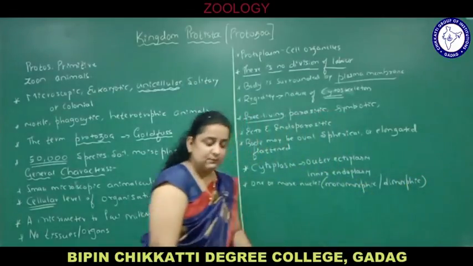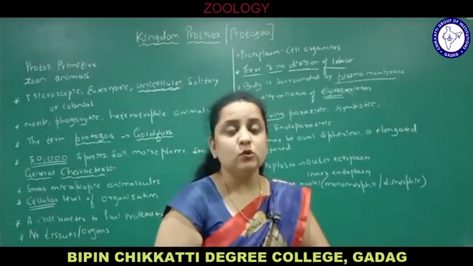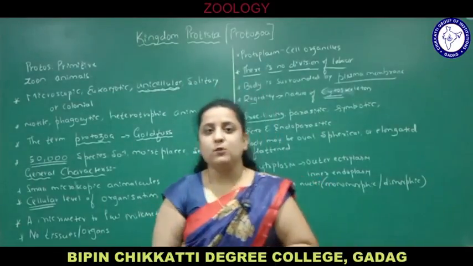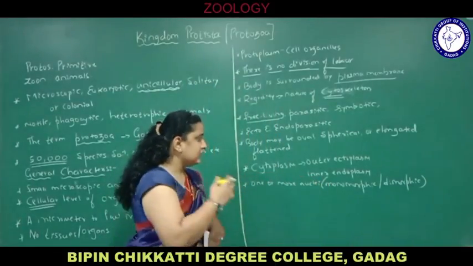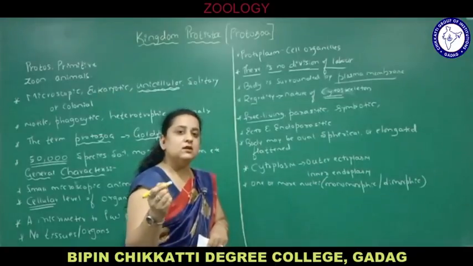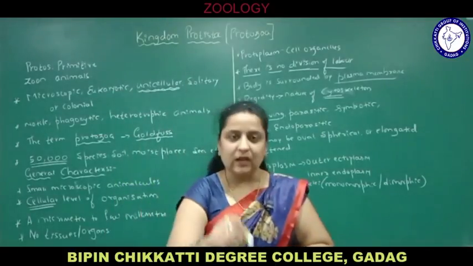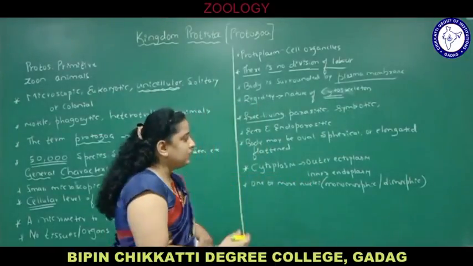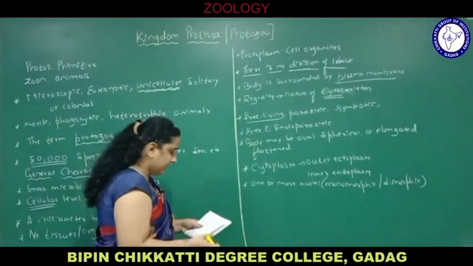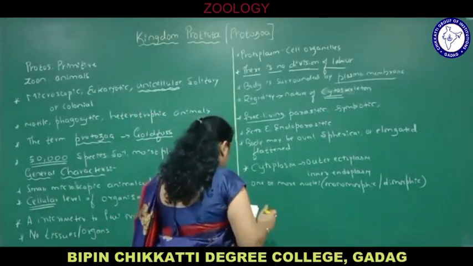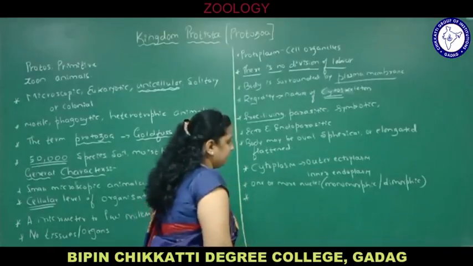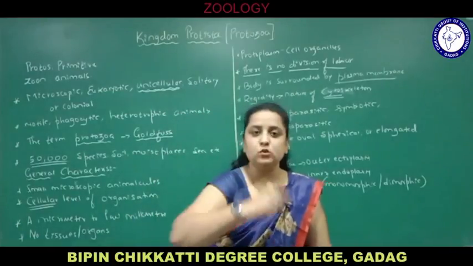Dimorphic means some have one nucleus, some have two nuclei. We will study this in detail when studying classification. In different classes we will come to know how many nuclei are there, mono or dimorphic. In dimorphic, two nuclei are there.